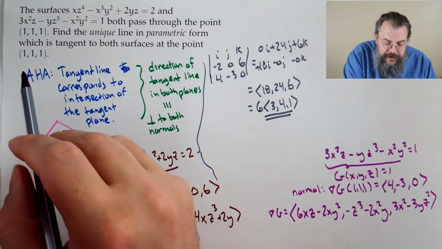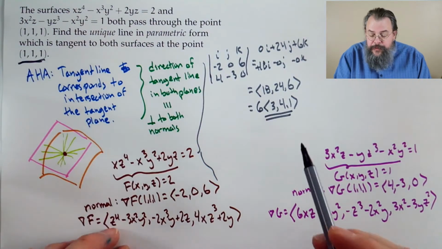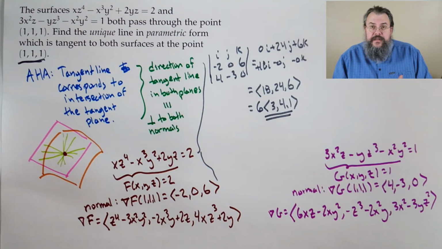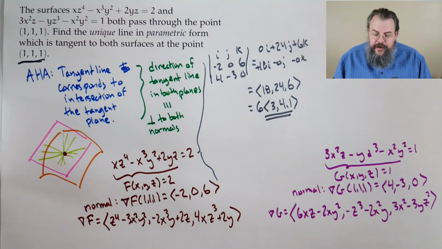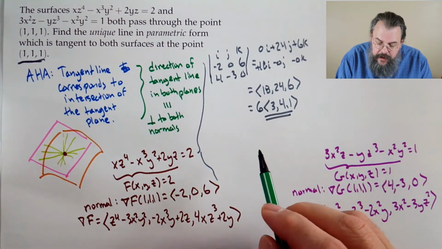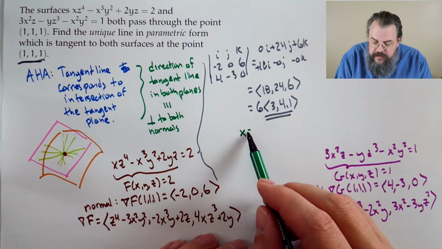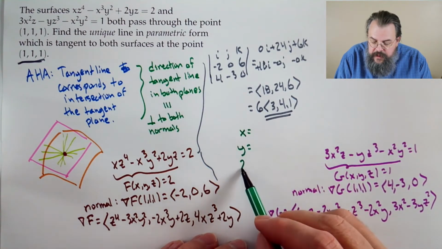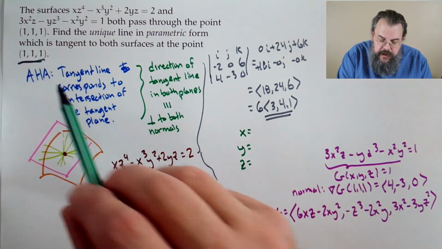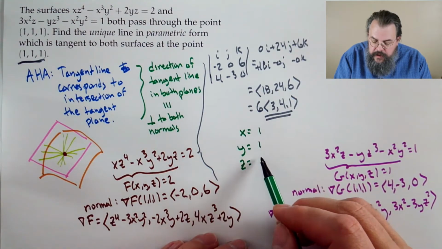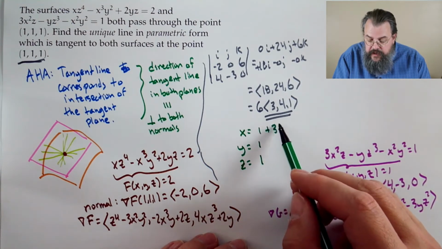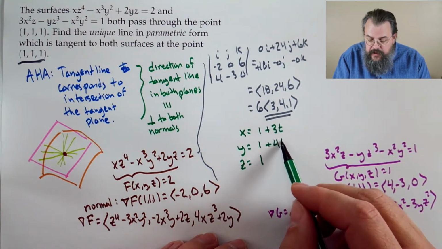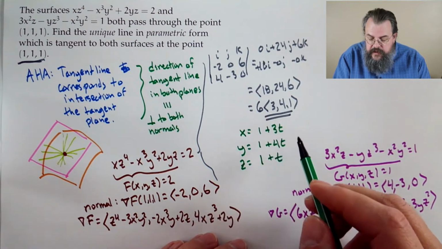So we have our point, and we now have our direction. The last thing is to put all that together. Therefore, our line is x equals, y equals, z equals. We use our point 1, 1, 1 and our direction: 3t, 4t, and t.